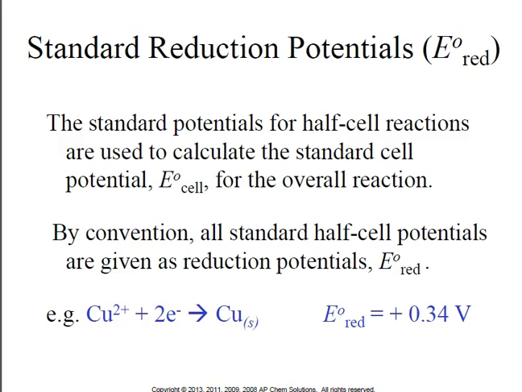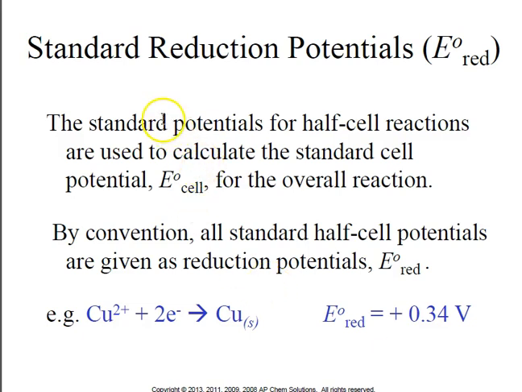There is a chart that has been created for the standard reduction potential of a variety of species. Really almost anything you can think of. And so that's why we want to focus on standard cells first, because the standard cell potential, right, the potential energy for those cells has already been determined.